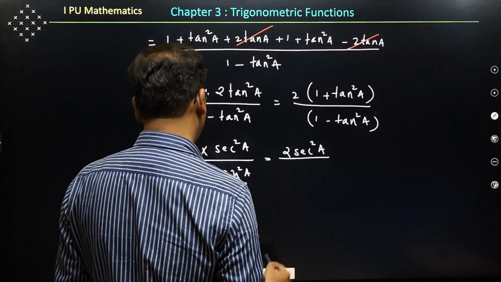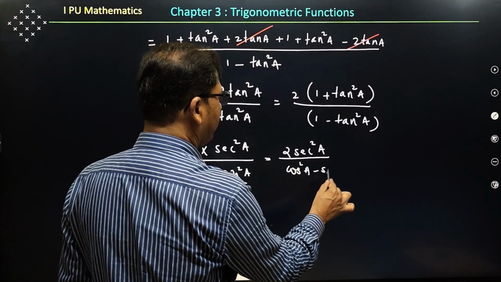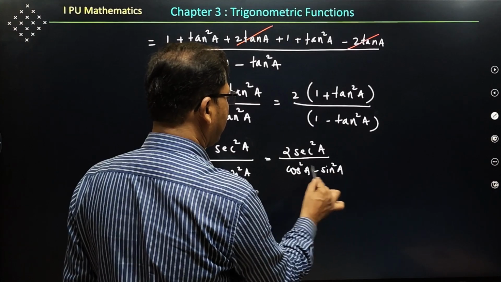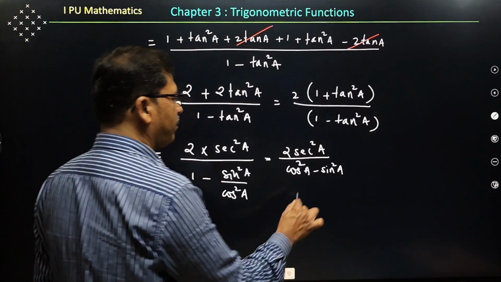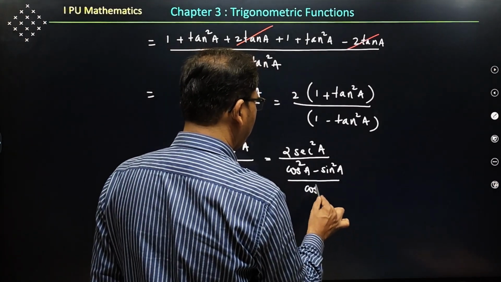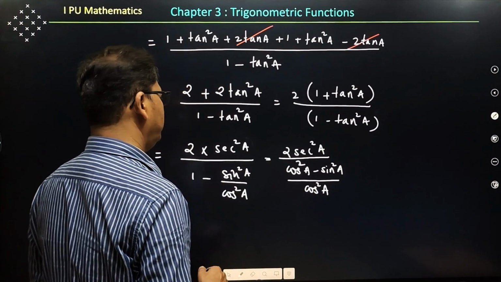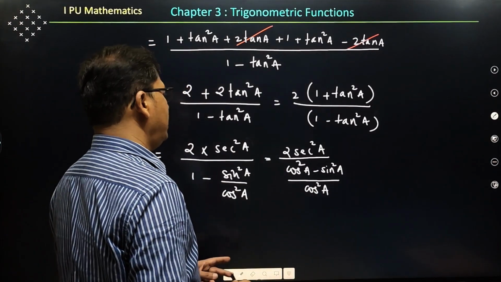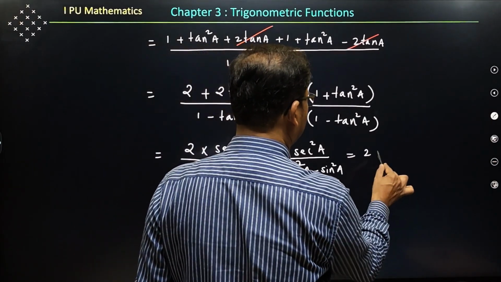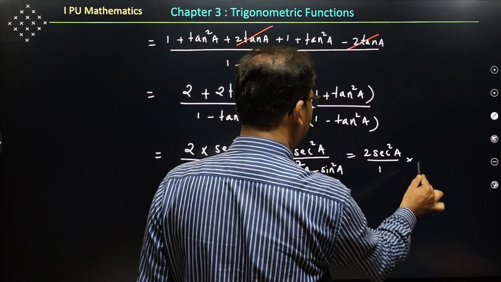divided by cos square a minus sin square a, all divided by cos square a. Okay, see, write 2 sec square a as it is, divided by 1, nothing.